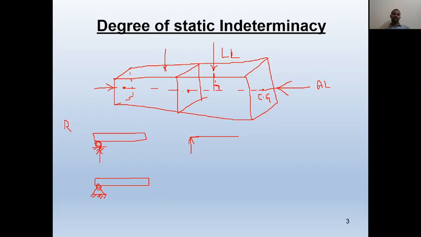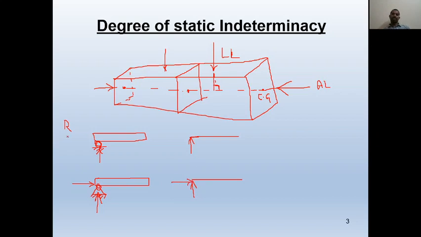That means you cannot move either in the vertical direction or in the horizontal direction from this particular joint. However, you can rotate this member about this joint in any direction. Here if you want to represent it in a free body diagram, it will be like this: a line represents the beam, a vertical arrow represents a vertical reaction, and a horizontal arrow represents a horizontal reaction.